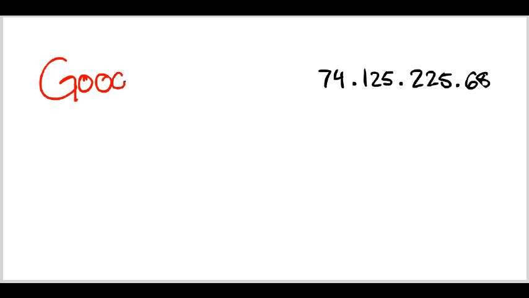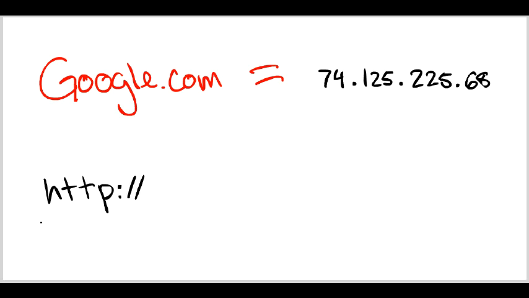Well, this is how it's going to work. You have an IP address that's come back from the DNS server. So something like this. But what you really want to get is, let's say, google.com. Now, for those of you who have been observant, you'll notice that in the front of your browser window, it'll say HTTP. Now, this stands for Hypertext Transfer Protocol.